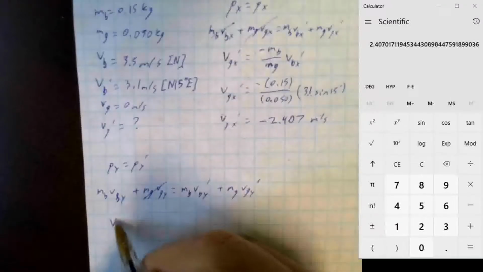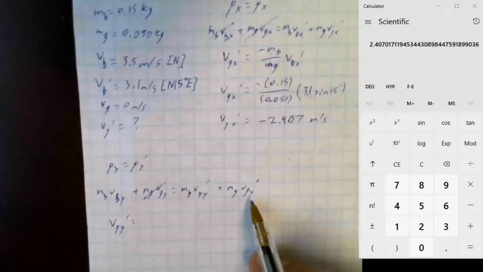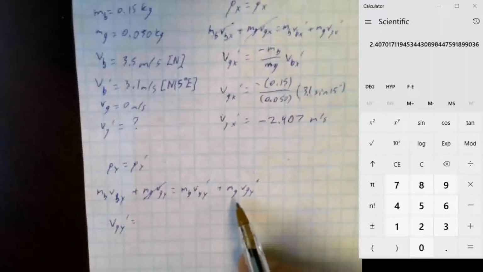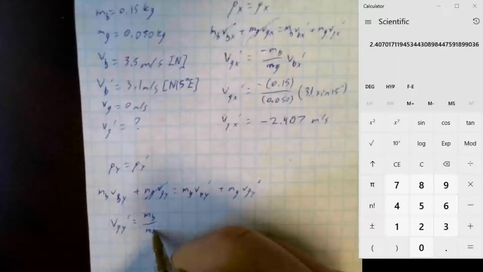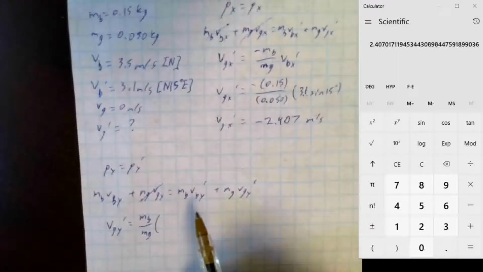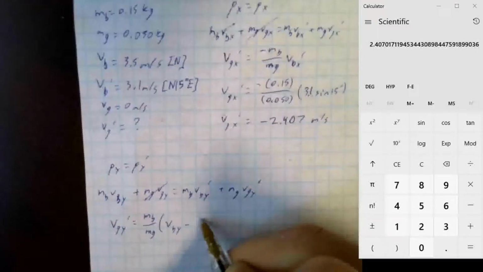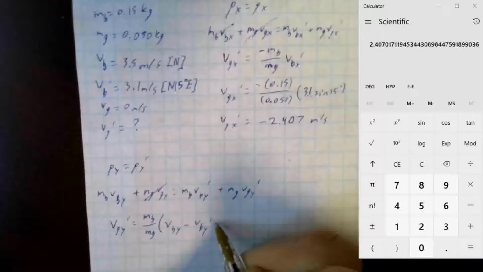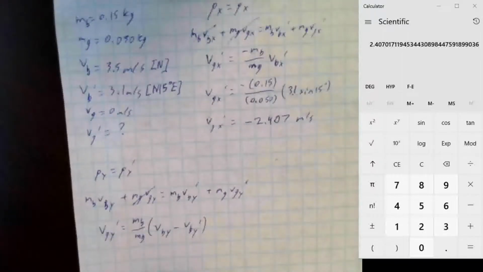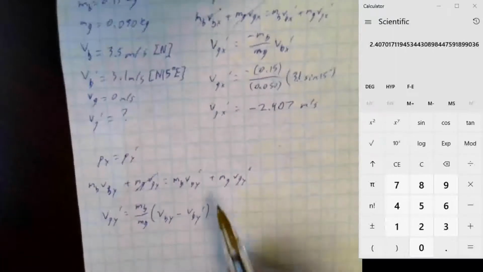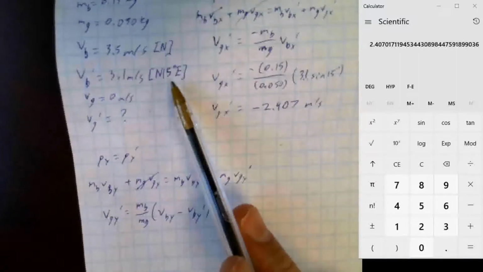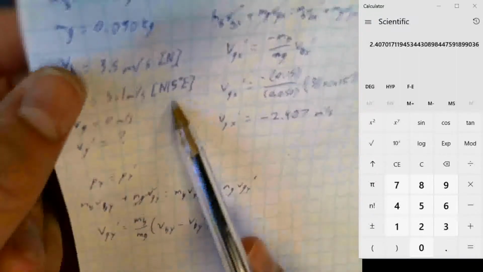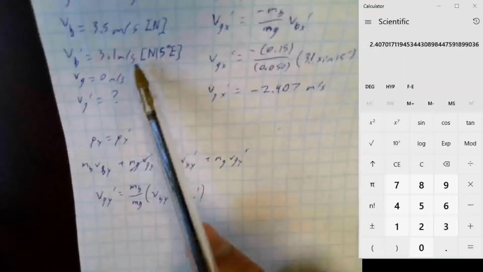So isolating for VGY prime, that's this value here, I'm going to have 1 over MG. I can factor out the MB, so I'm going to have MB over MG, and then it will be VBY minus VBY prime. I know that I can calculate this from using cosine of 15 from my final that is given to me.